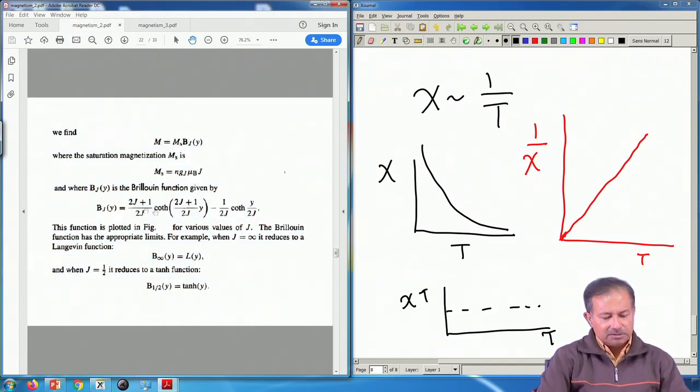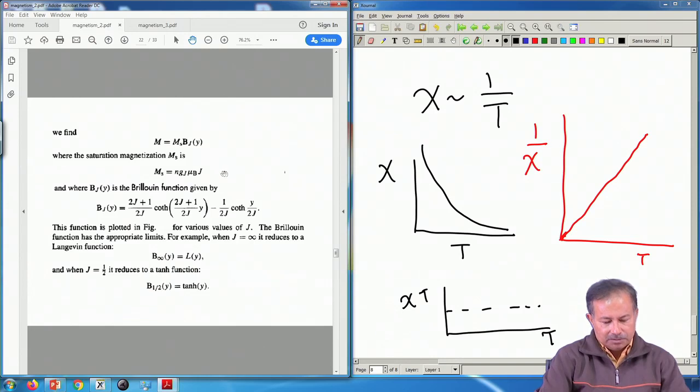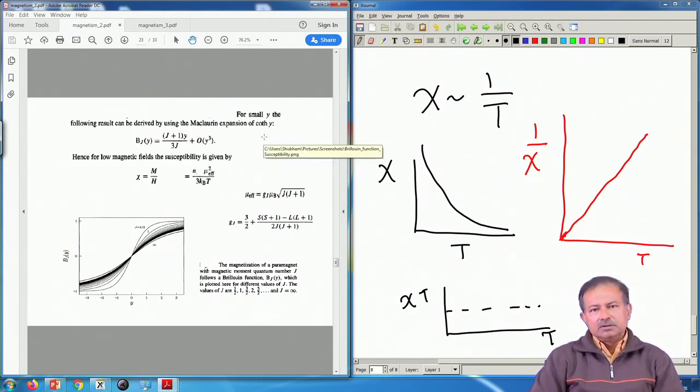Okay. So then the Brillouin function you can plot, or you can approximate at temperatures much higher than this. Basically, y is much less than 1 in this limit, where your magnetic energies are much smaller than the thermal energies. In that limit, you can expand, and I just wrote down the expansion: 1 by x plus x by 3 is what coth x gives you for low x.